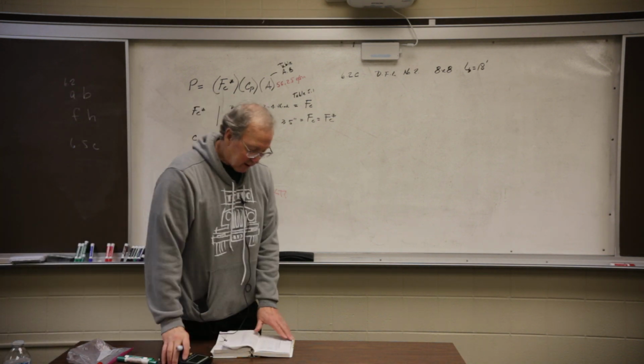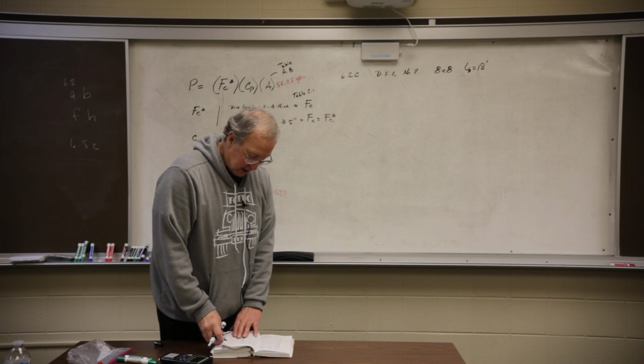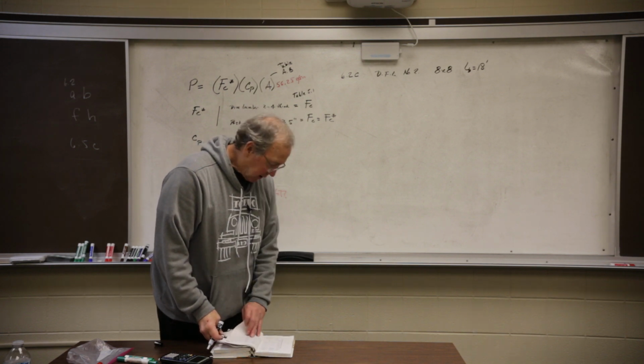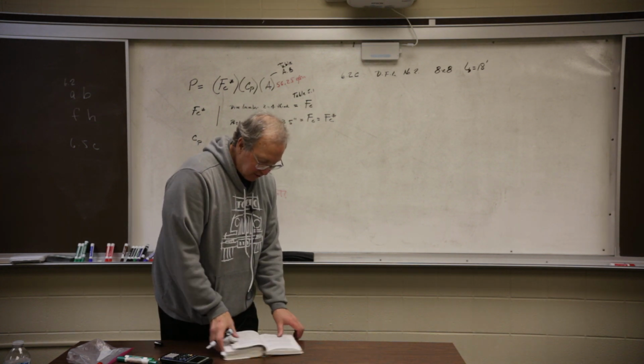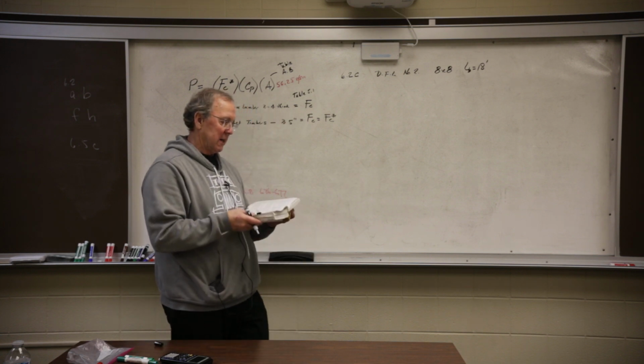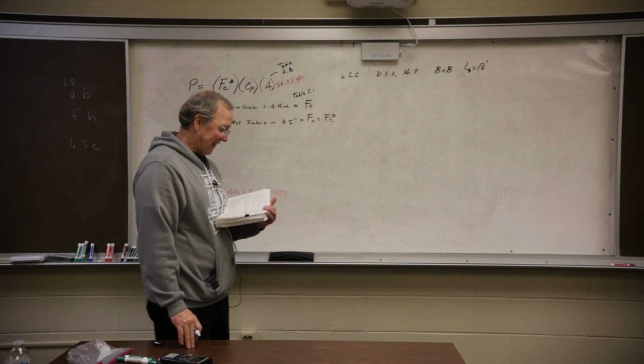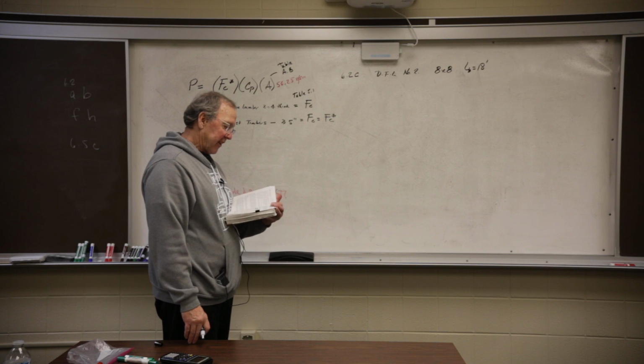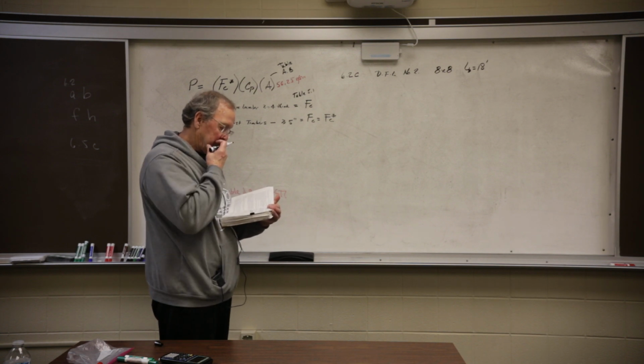Okay? So once you got FC, you got FC star. We talked about a couple tables, and if you go to the table 5.1, we talked about table 5.2. It's on page 197. It has an FC column.